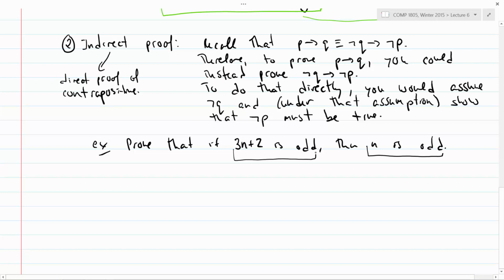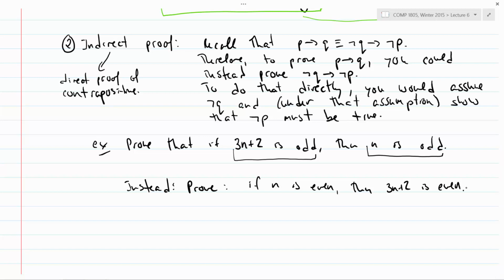All right, so instead, I will prove the contrapositive of that, and that is: if n is even, then 3n plus 2 is even. That's the contrapositive of the original implication. And now I'll just do a direct proof of that.